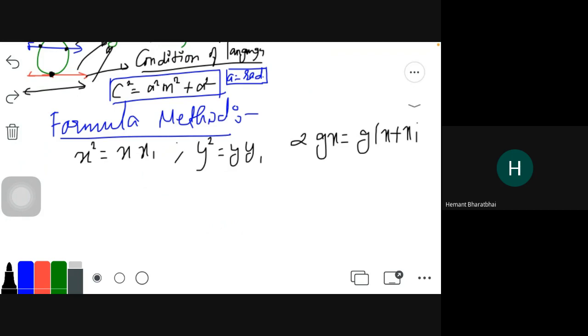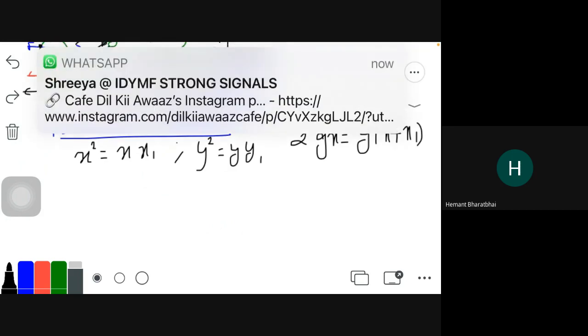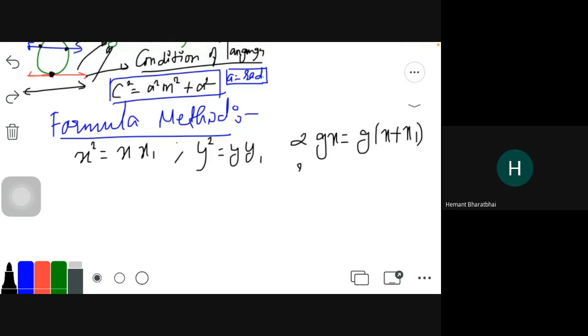So that 2gx term you have to replace with g into x plus x1. Then it was 2fy, so you divide by 2 and this will remain only f, and y should be written as y plus y1. Just remember this much. You just have to replace these terms and you will get the equation of the tangent very easily.